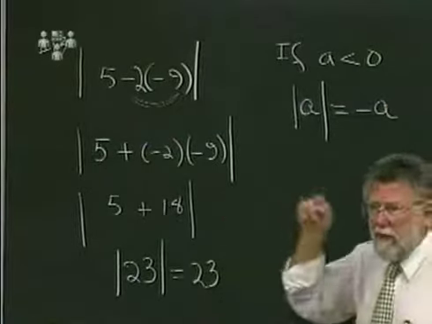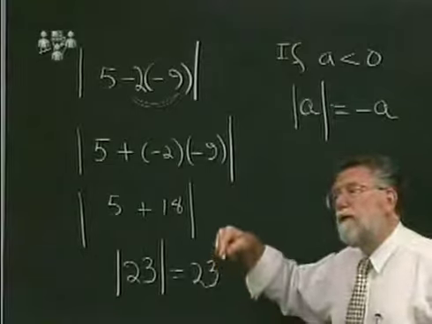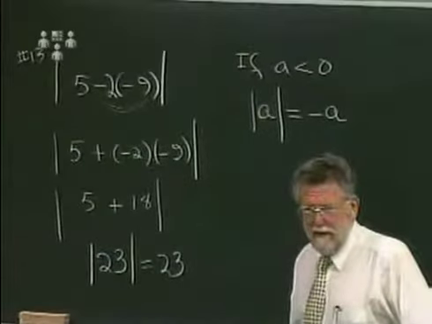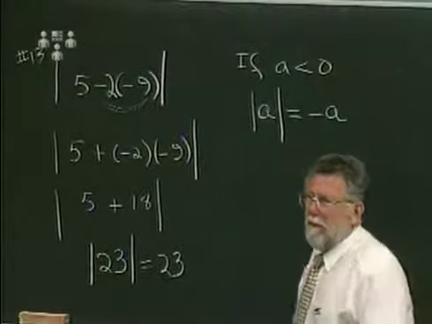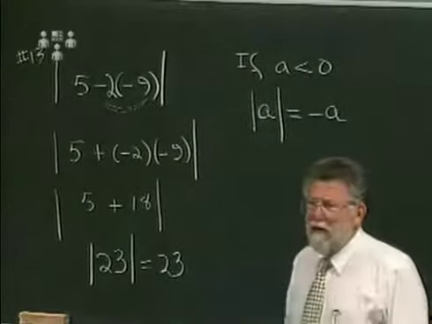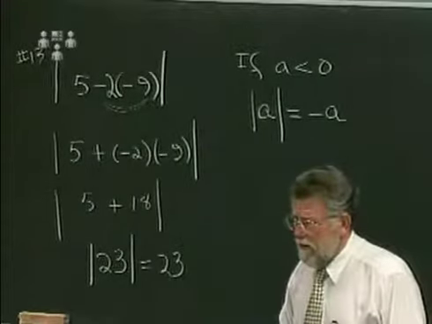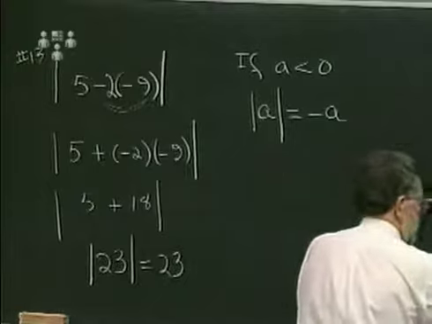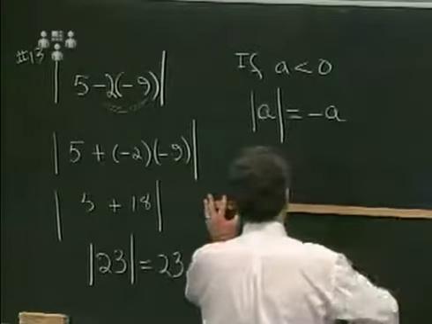Negative a turns out to be a positive number because a was a negative number. Say that one more time. No, negative a turns out to be a positive number. This didn't go over any better than it did earlier.